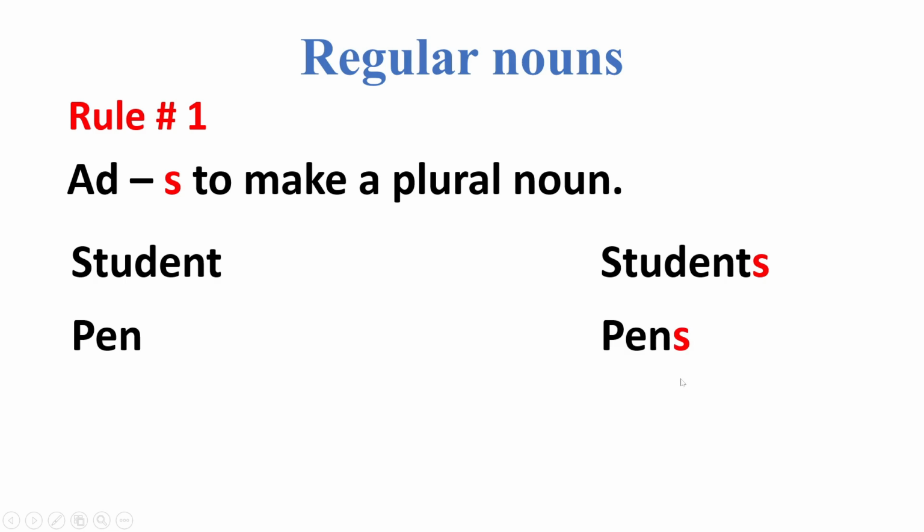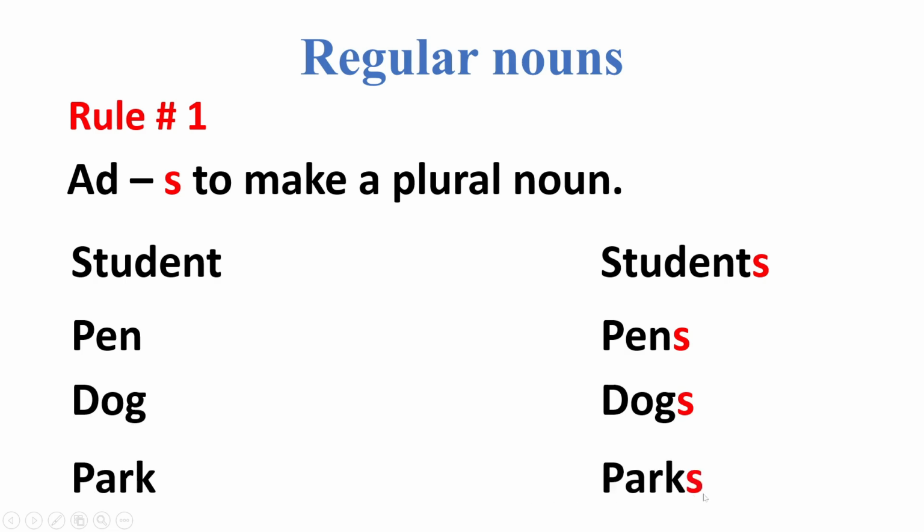Pen, pens. Dog, dogs. Park, parks. You see, it's very easy. You just need to add s to make the plural form of these nouns. Okay, let's continue the lesson and see the second rule.